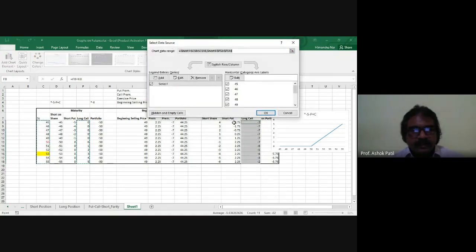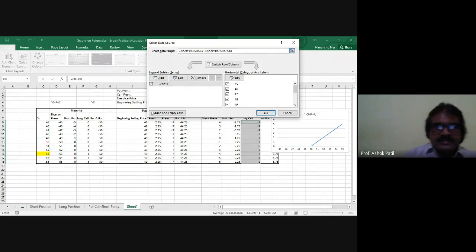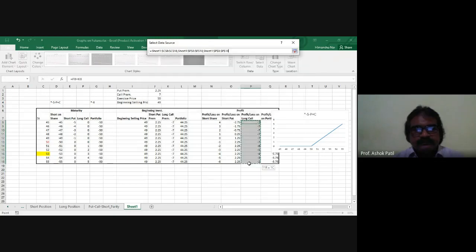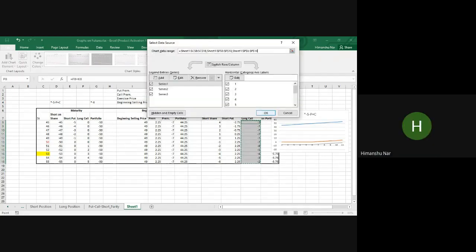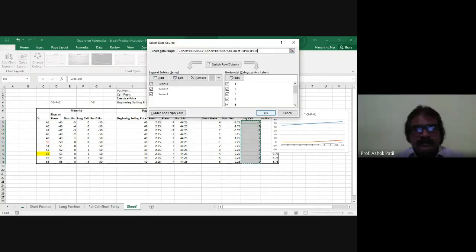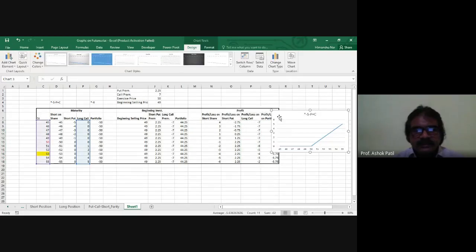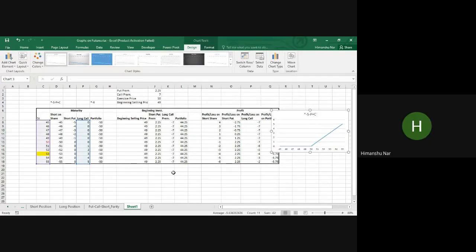Yeah, so select data. You can redo it. Just cancel. Just select these three columns, insert figure. That's it. No, not like that. Remove that. Cancel. I'll make that again.